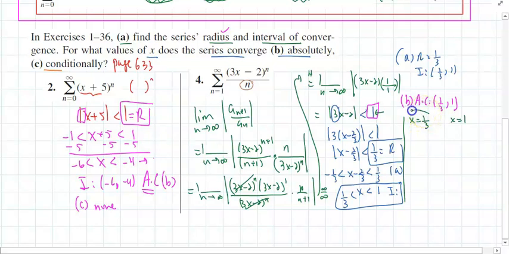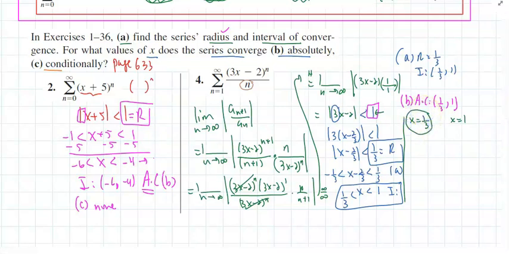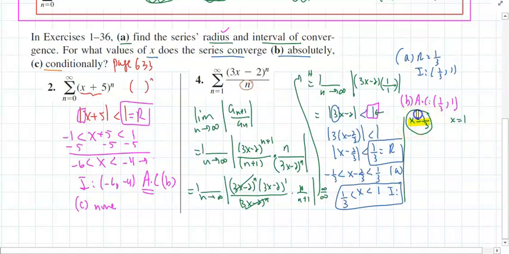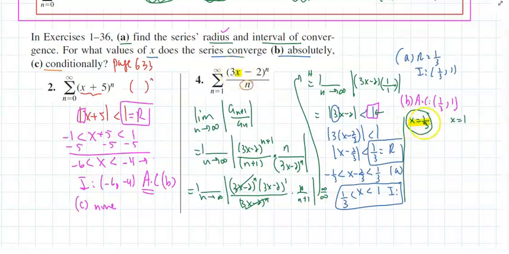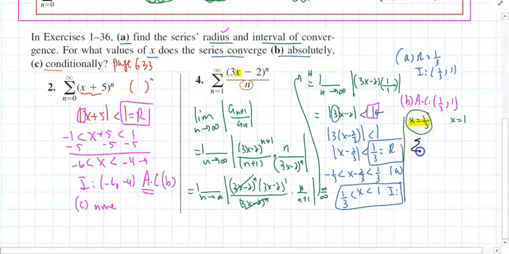If I let x equal 1/3, and I'm talking about x equal 1/3 right there. If I replace that x by 1/3, that would be the series n equal 1 to infinity of, 3 times 1/3 is 1, minus 2, that's (negative 1) to the n over n. And what do we know? We know that 1 over n is positive.